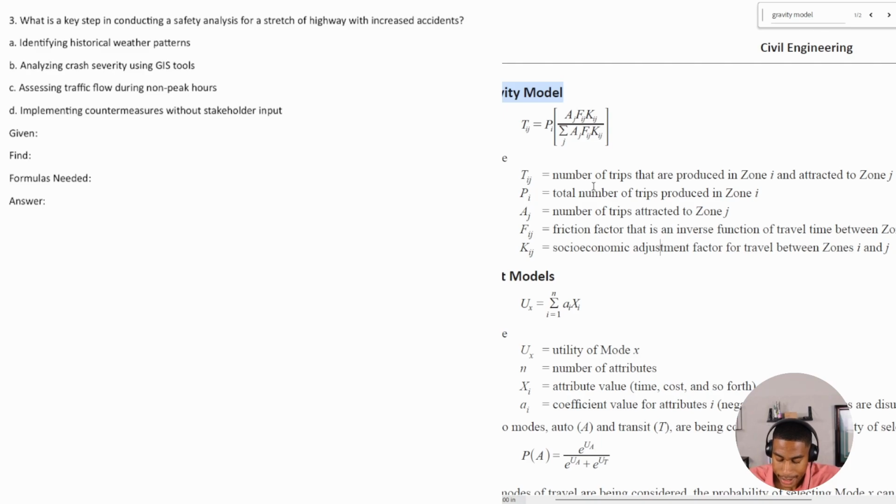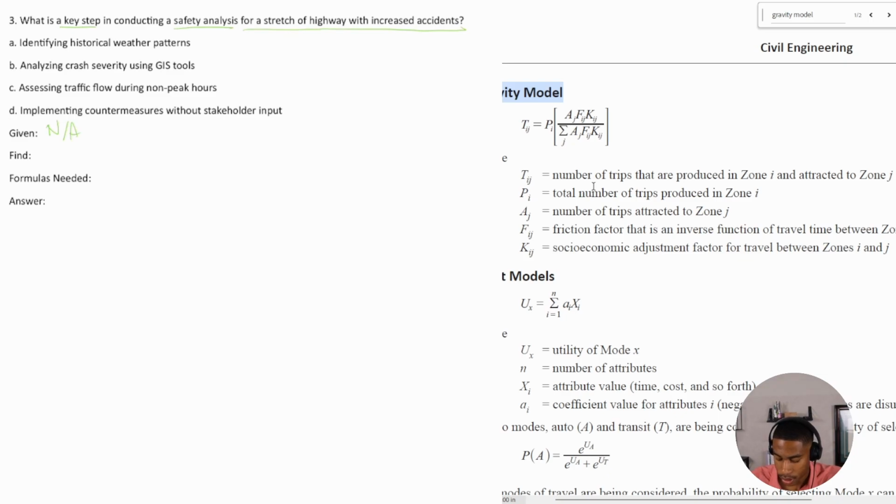Number 3 says, what is a key step in conducting a safety analysis for a stretch of highway with increased accidents? All right, so given information, not really applicable. What are we trying to find? We're trying to find a key step in conducting a safety analysis for a particular stretch of highway with increased accidents.